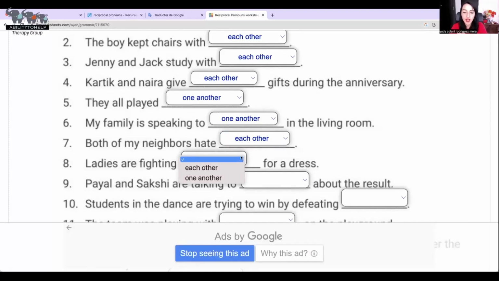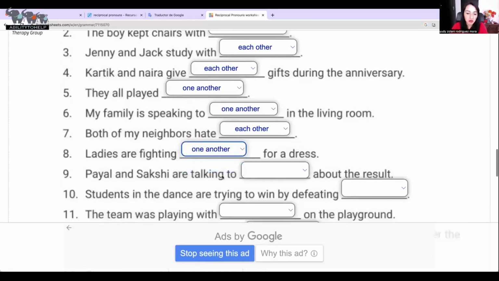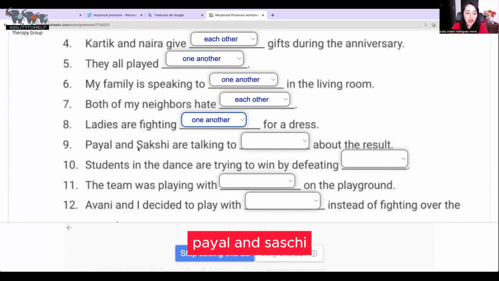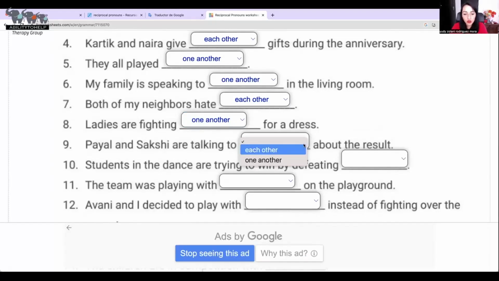If you said that, I don't know if they are talking about just 2 or 3. Ladies, I think, could be more than 2. Payal and Sachi are talking to each other about the result.